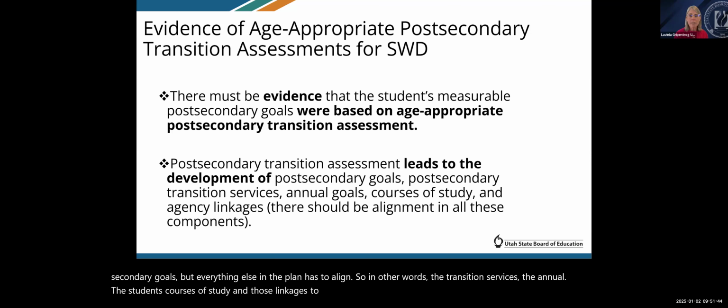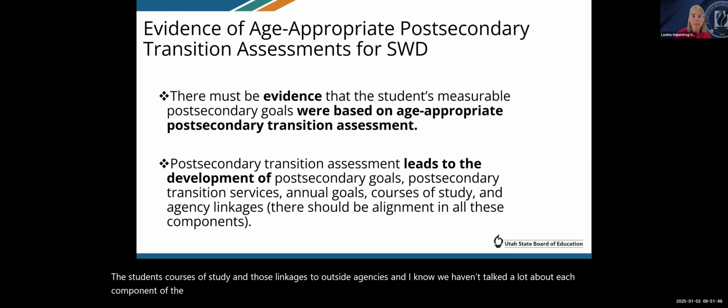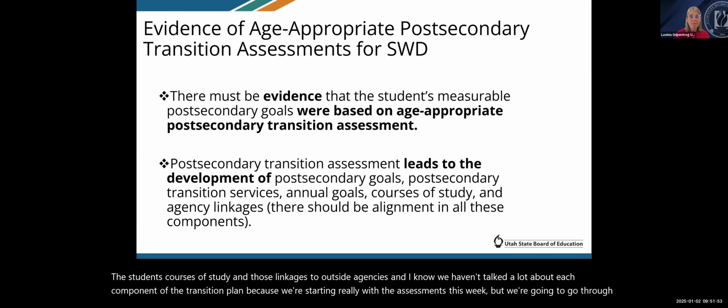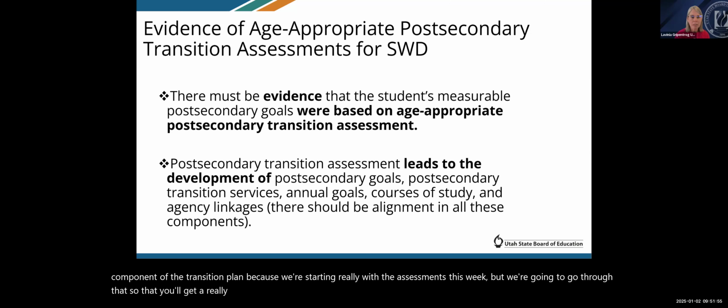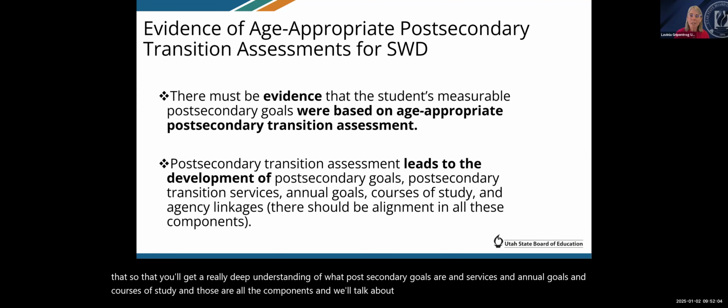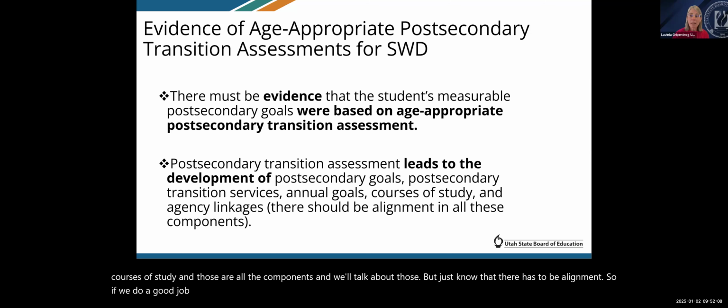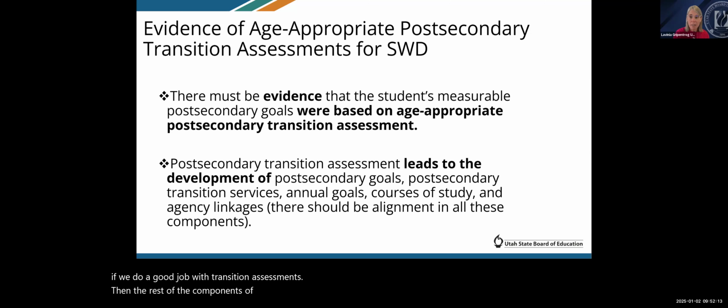I know we haven't talked a lot about each component of the transition plan because we're starting with the assessments this week, but we're going to go through them so that you'll get a really deep understanding of what post-secondary goals are, and services and annual goals and courses of study. Just know that there has to be alignment. So if we do a good job with transition assessments, then the rest of the components of the transition plan will flow and align if we have that rich data.